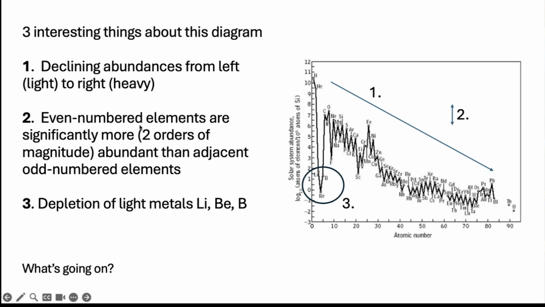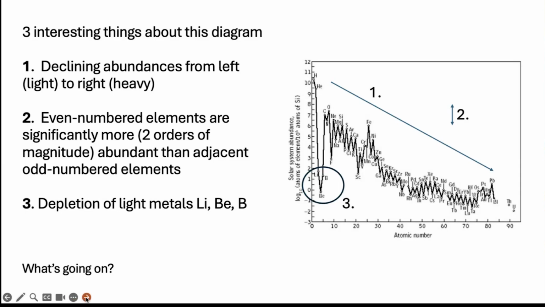Second, the even numbered elements are significantly more, up to 2 orders of magnitude more, abundant than adjacent odd numbered elements, as Clint pointed out. So carbon is higher than nitrogen, oxygen is higher than nitrogen and fluorine. Carbon is an even numbered element, oxygen is. All of these peaks are even numbered elements, and they are all more abundant than the adjacent odd numbered elements. And then, of course, there is the depletion of the light elements lithium, boron, and beryllium, that we've already talked about.